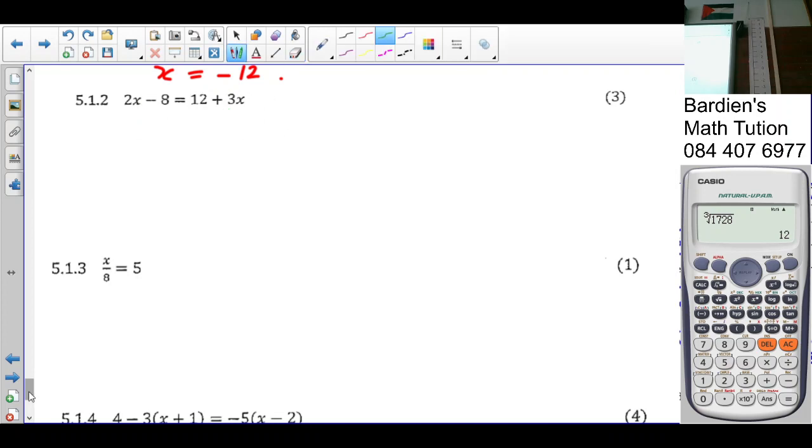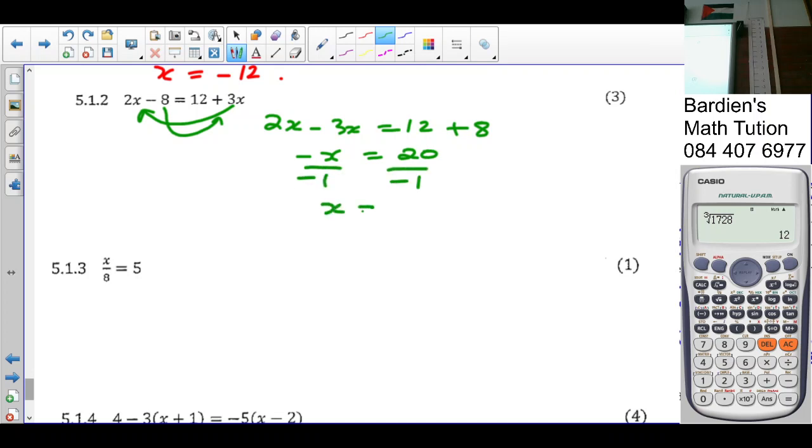Okay, the other way, bring that 3x that side. You could have done it the other way, doesn't matter. So this will simply read 2x minus 3x is equal to 12 plus 8. So what's 2x minus 3x? Negative x. You all okay with that? Yes. Right? 12 plus 8? 20. Now what? Divide by negative 1 both sides. So x is going to be negative 20.